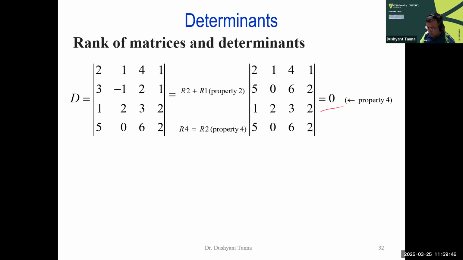There is only one 4 by 4 matrix for this, whose determinant is 0. So rank cannot be 4. So rank can be 3 or smaller. Rank will be 3 only if you find a non-zero determinant of order 3 by 3. So how many ways can you find a 3 by 3 determinant?